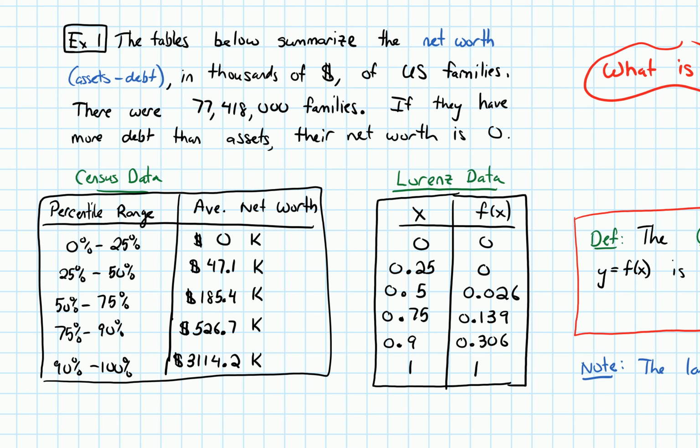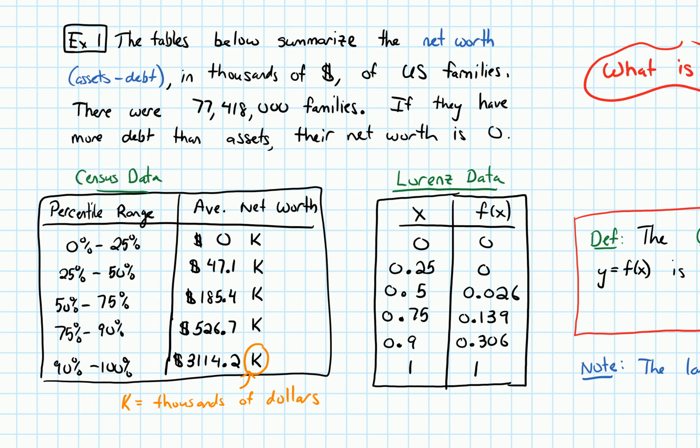Then the next row would say that the next quarter of the population, from the 25th percentile mark to the 50th percentile mark, their average net worth is 47.1, and the K is a symbol I'm using to refer to thousands of dollars.